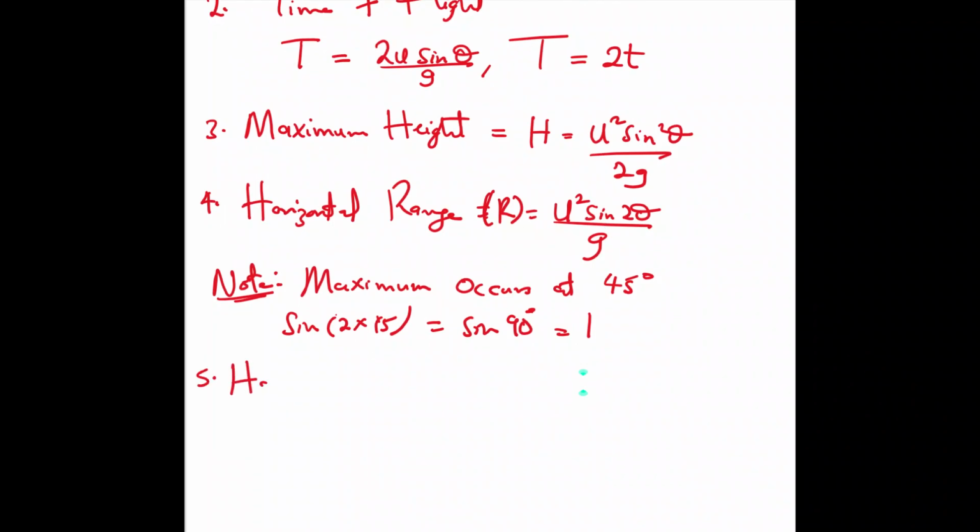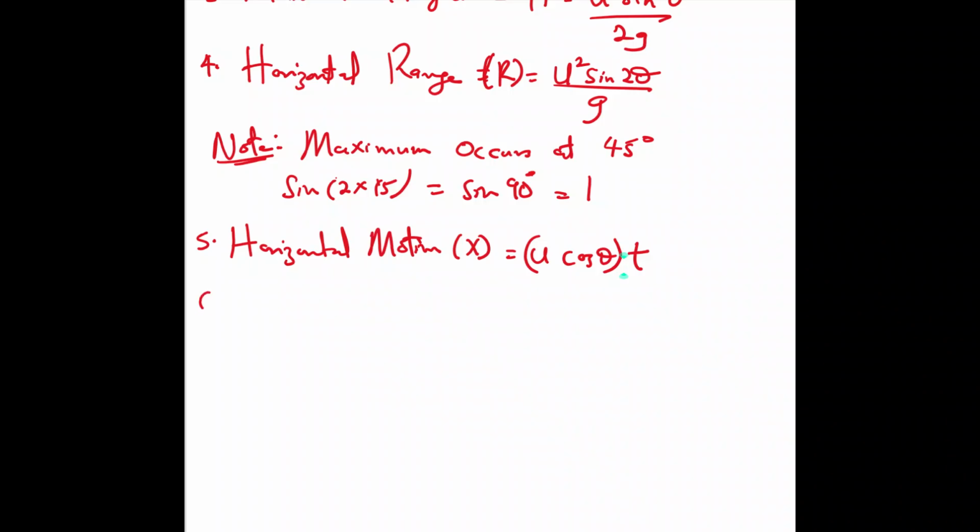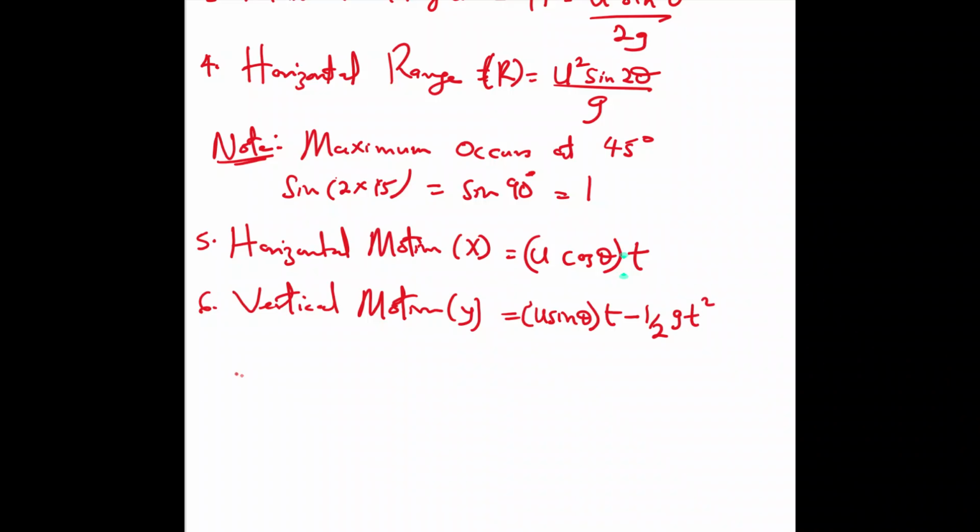For the horizontal motion, the formula is x equals u cos theta t. And for vertical motion, sometimes you could be asked to find the vertical motion, represented as y, equals u sine theta t minus 1 over 2 g t squared. This is for the vertical motion.